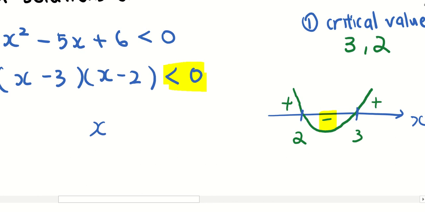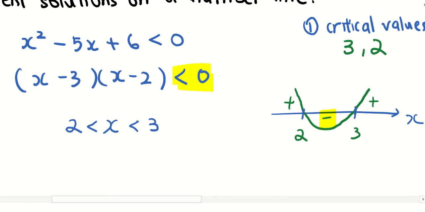If there's a negative region, it's between the two numbers, right? Between 2 and 3. Do I need to put an equal sign in my inequalities? Follow, if my inequality is less than without the equal, there's no equal sign for the inequality sign.